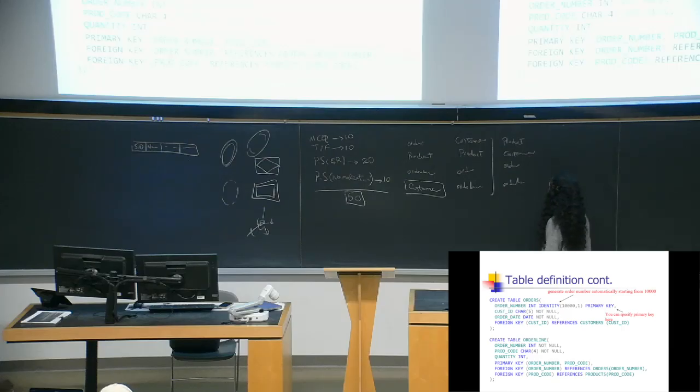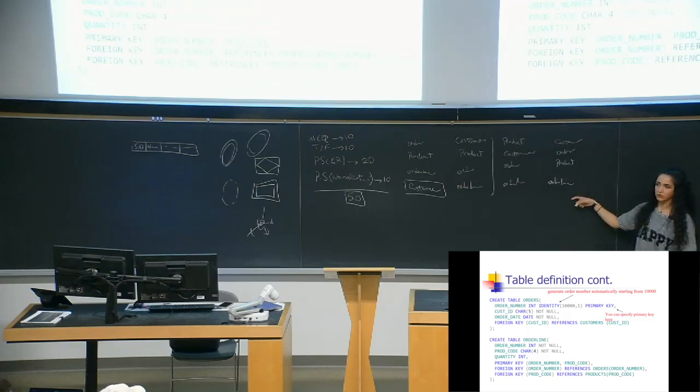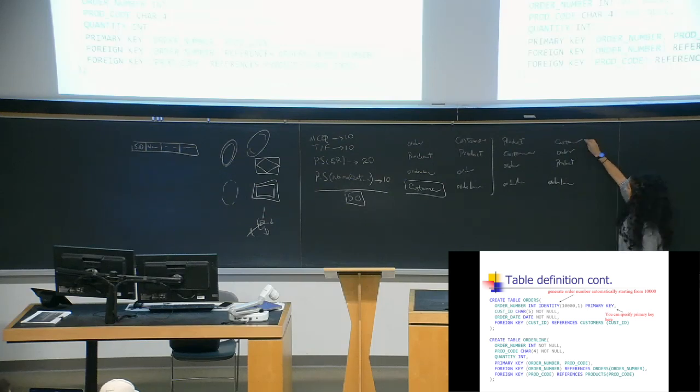And what else? You can also have customer, order, product, order line. This is another correct way to create your tables, because customer doesn't have any foreign key, so we're fine.